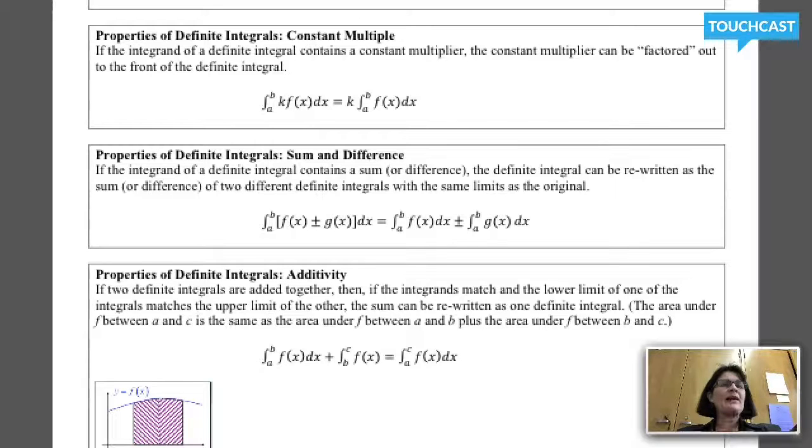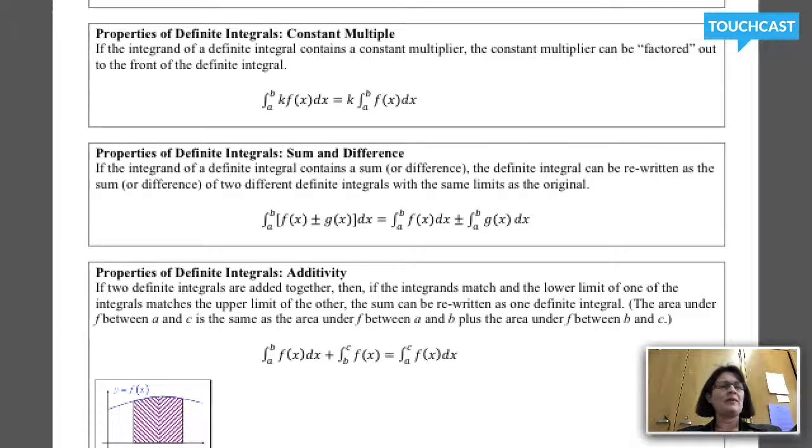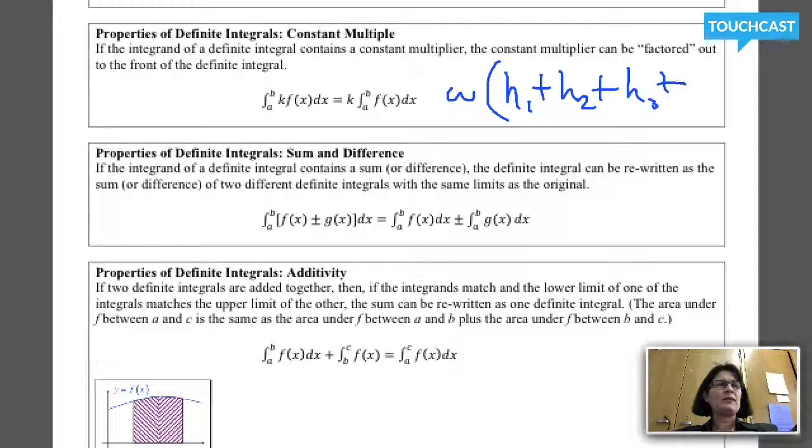So you could think of that, since my width, in theory, is infinitely thin, but you can imagine factoring the width out to the front and having height plus height plus height plus height plus, bump, bump, bump for infinitely many heights.